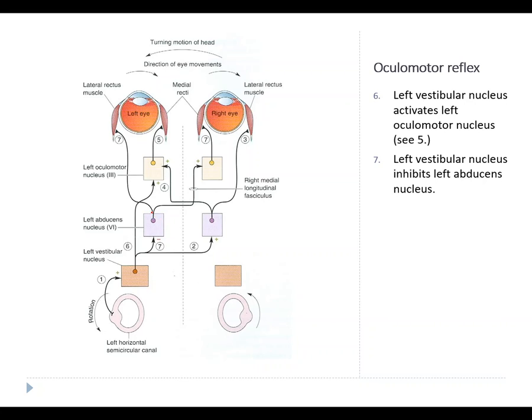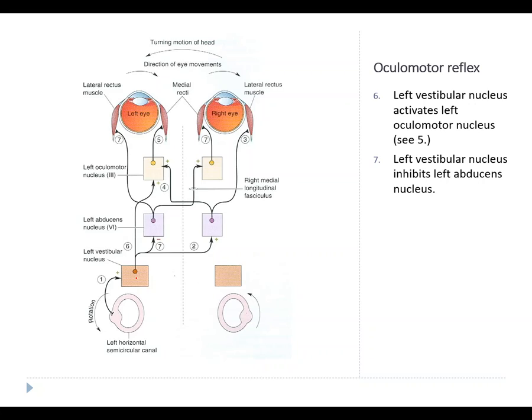But in any case, inhibiting these neurons prevents these muscles from activating. And then there's a mirror image of this pathway from the left side. So these left abducens nucleus neurons have a projection to the right oculomotor nucleus neurons, but that pathway is basically taken away by this inhibitory signal from the left side.